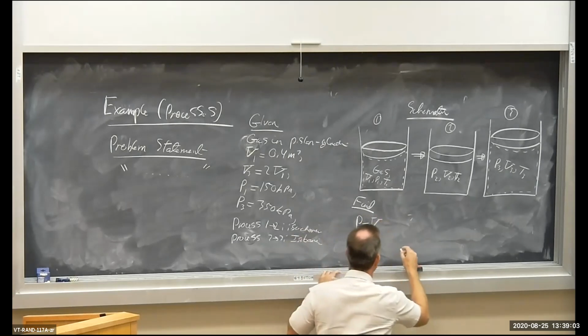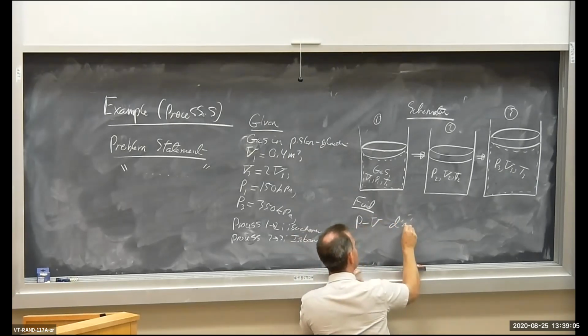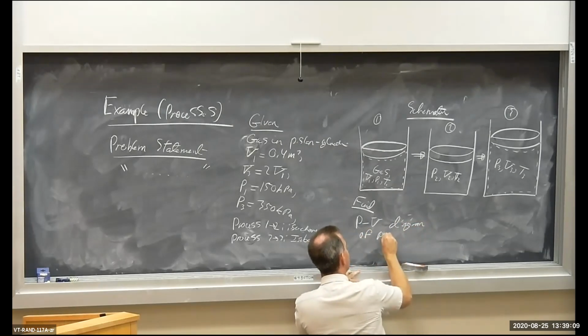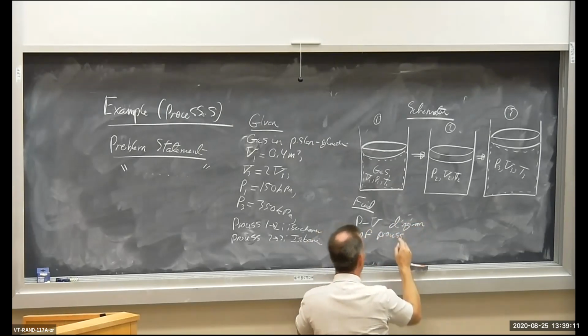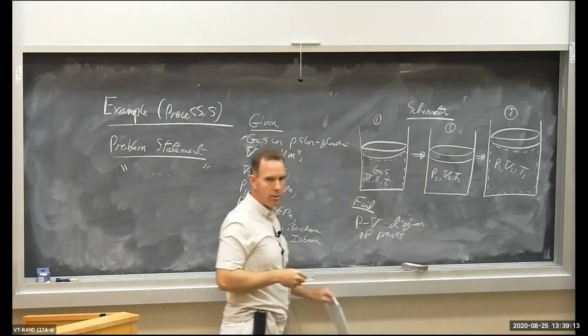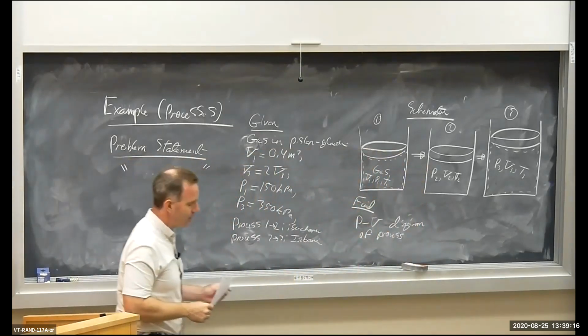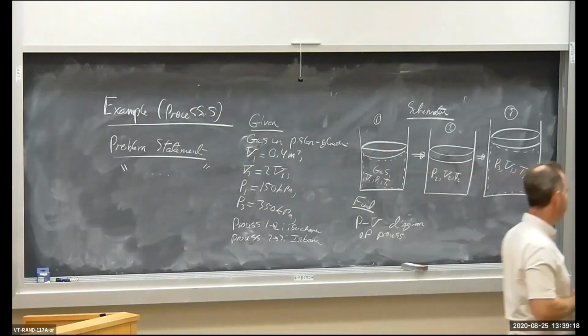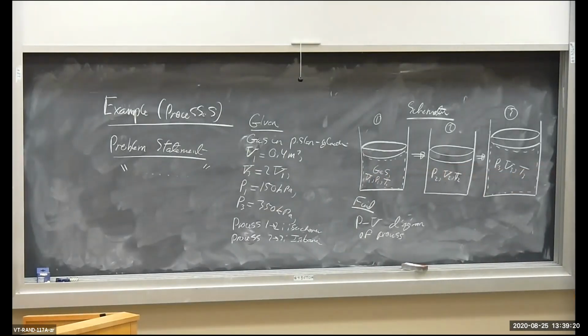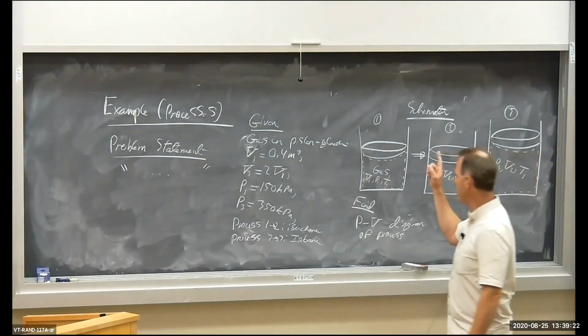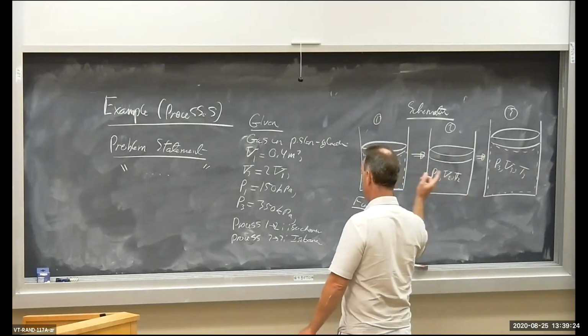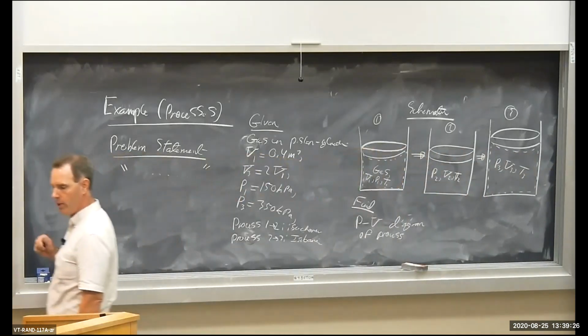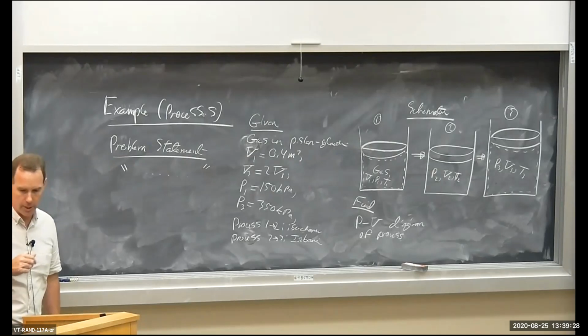PV diagram of process. We're going to draw pressure as a function of volume for process 1 to 2 to 3, okay?